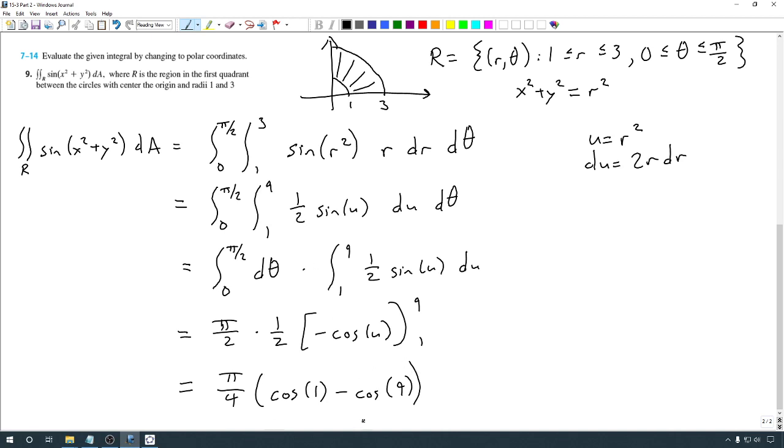There's not really any more simplification we can do here without just plugging into a calculator. 1 and 9 are not nice numbers when it comes to radians for cosine. So we'll just leave it like it is. But the point here is being able to actually just do the integration. The process is the important part.